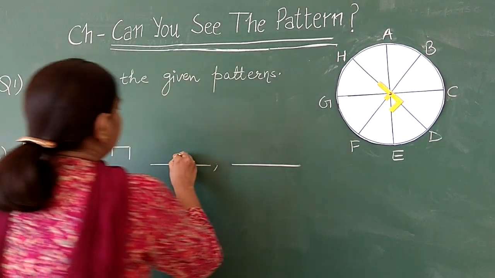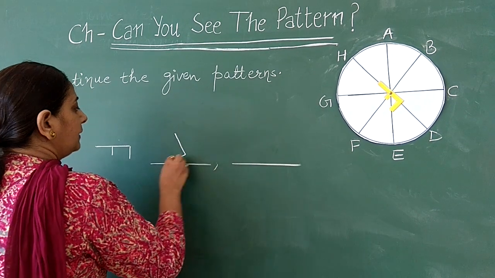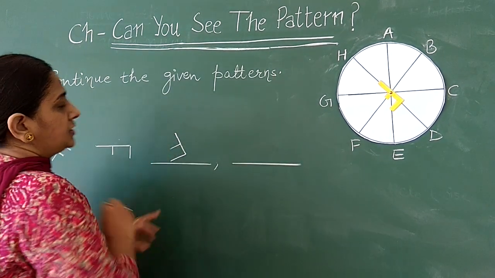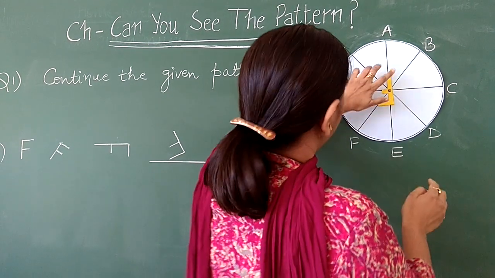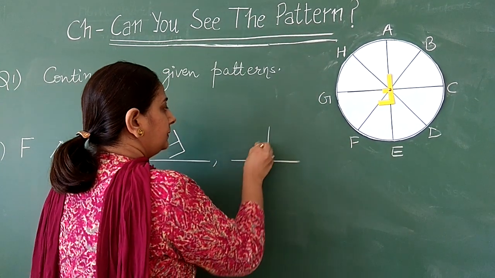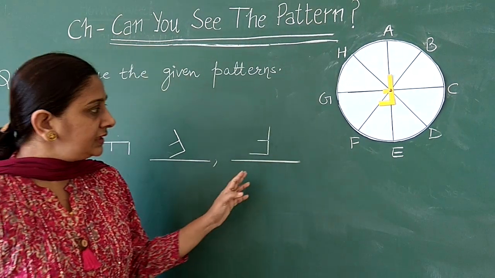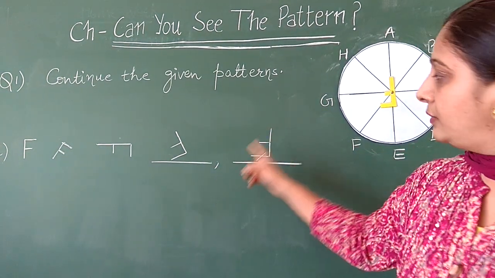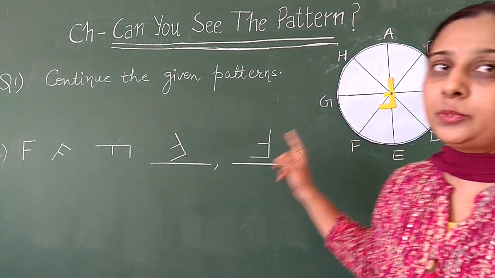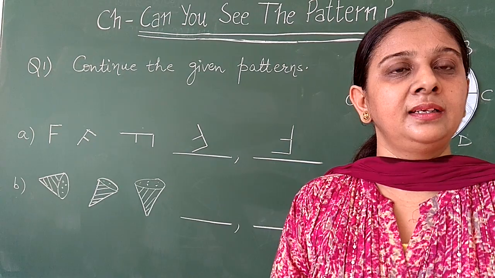Now it is looking like this. So if you give one more 1 by 8th turn to this, it will look like this. So after taking 1 by 8th turn in clockwise direction, the letter F will look like this. I hope now you have understood this pattern.